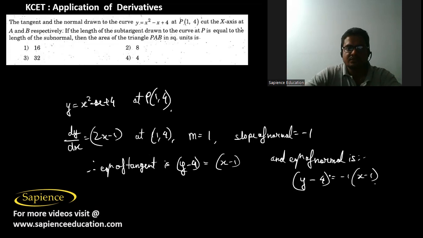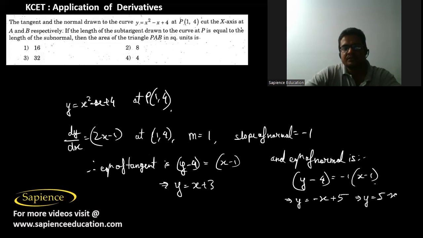Equation of the tangent, equation of the normal. So we can write y equals x plus 3, and this will be y equals minus x plus 1 plus 4, that is plus 5. So y will be equal to 5 minus x.